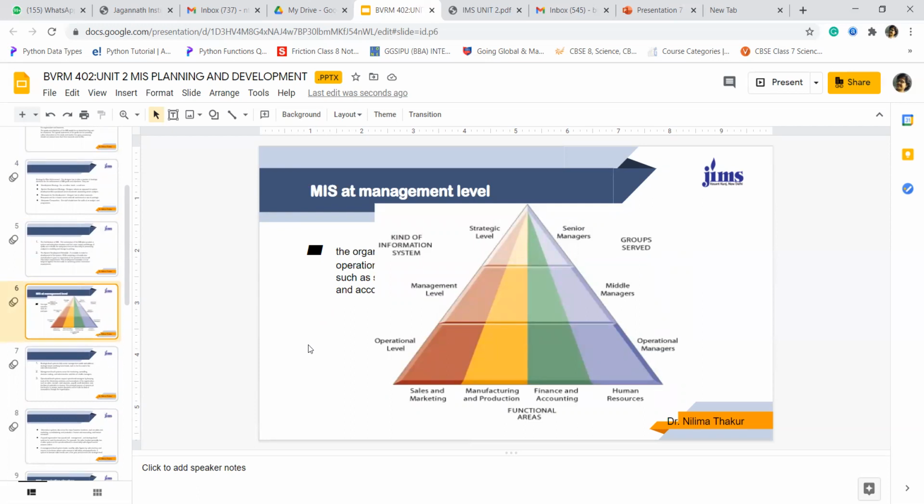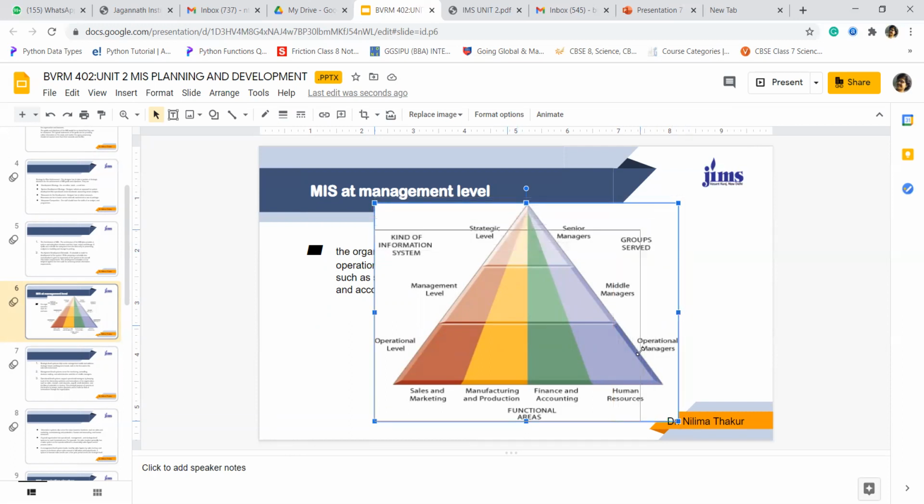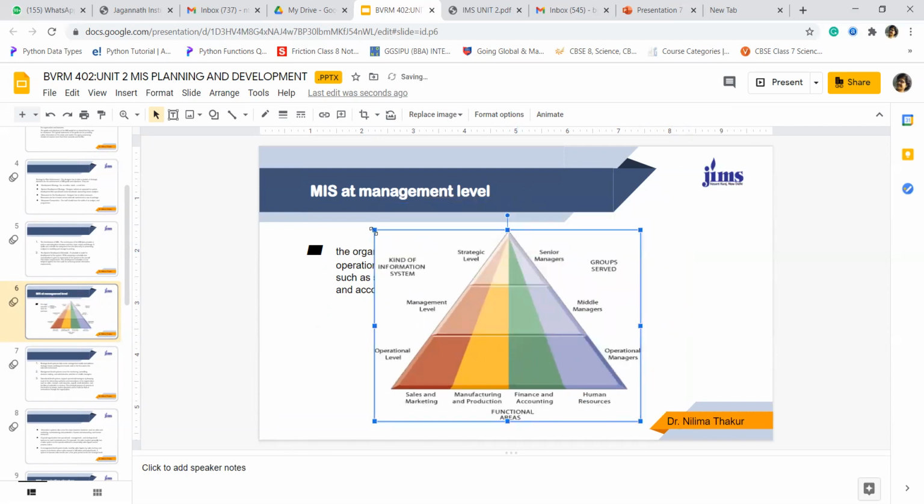As we know, we have 3 management levels: strategic level, which consists of senior managers or board of directors; management level, which consists of middle managers or executive managers; and operational level, that is the supervisors or operational staff who are exactly on the floor to contribute to the strategic development.